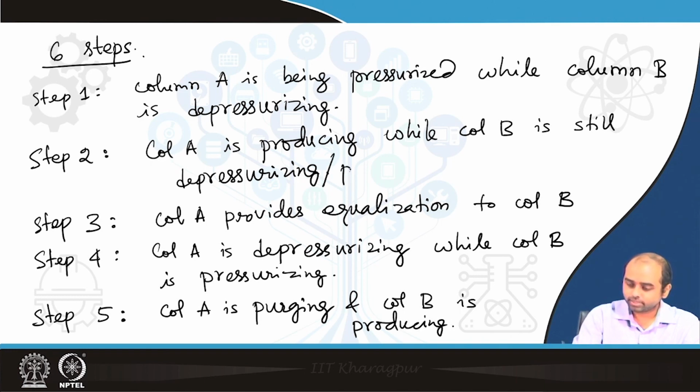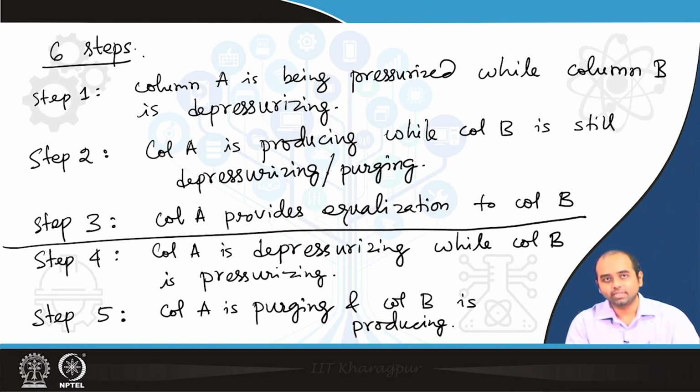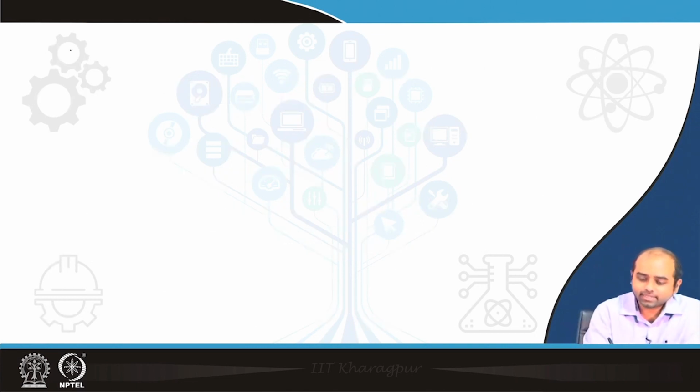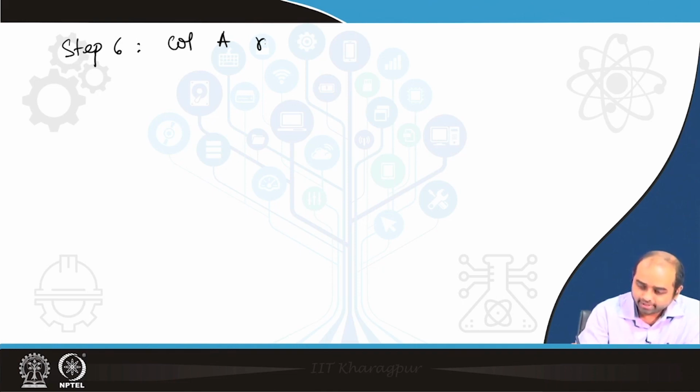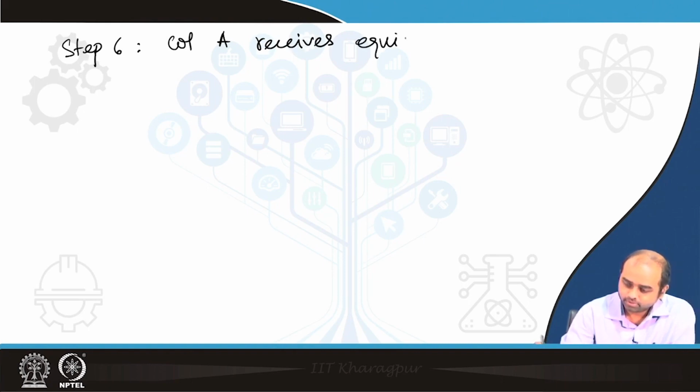So, after step 3 the process is repeated for column B, right, and finally in step 6 column A receives equalization from column B, right.